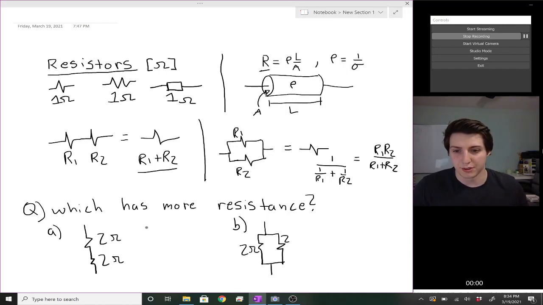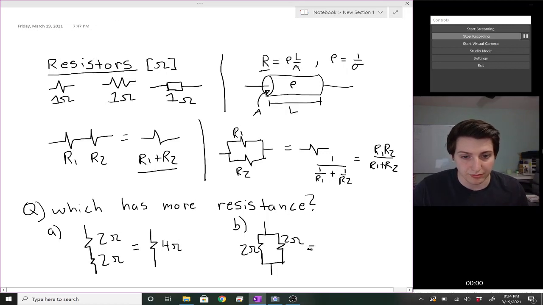Which of these two has more resistance? We have part A being two 2 ohm resistors in series, and part B having two 2 ohm resistors in parallel. So given what's above, we can say that this is equal to 2 ohms plus 2 ohms, which is equal to 4 ohms.